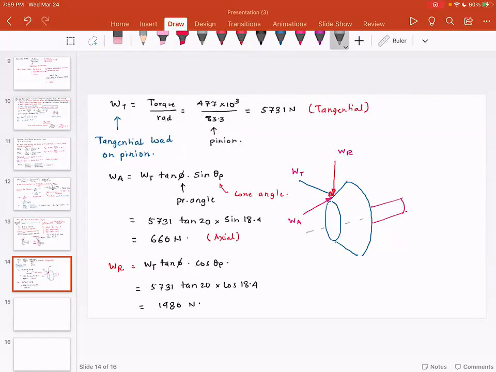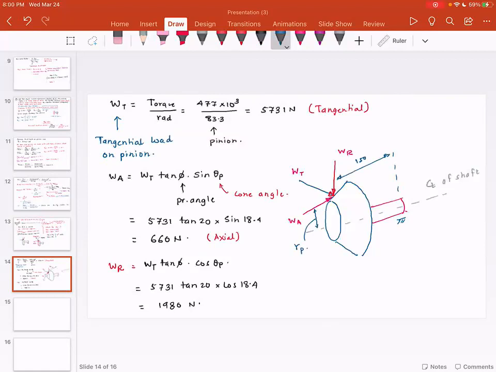This is the shaft, this is the center line of shaft. Now I want you to look at the bending moments given by different loads. This distance from here to here is 150. We also know this distance is nothing but the radius of the pinion.